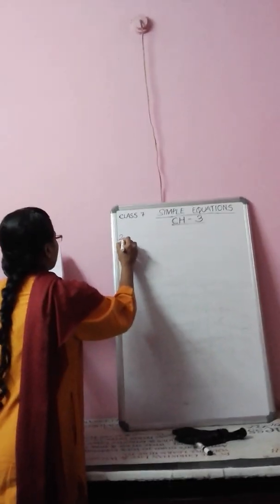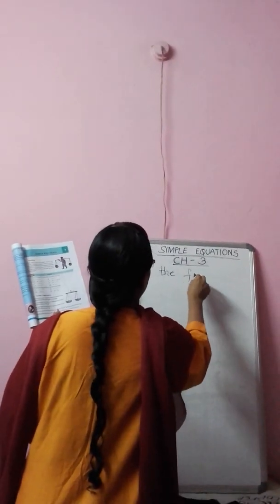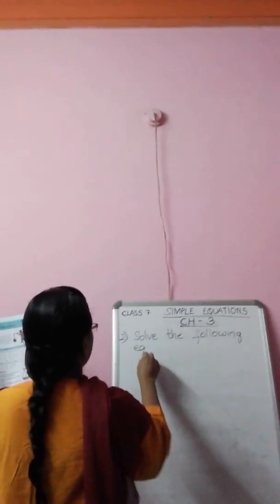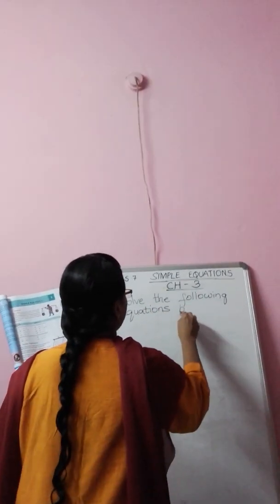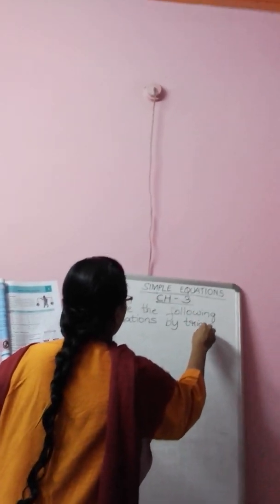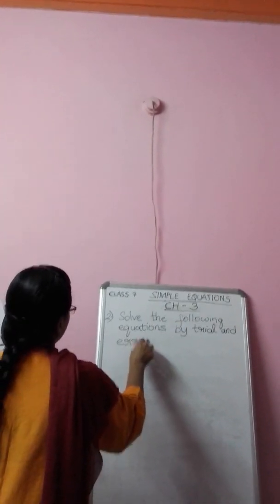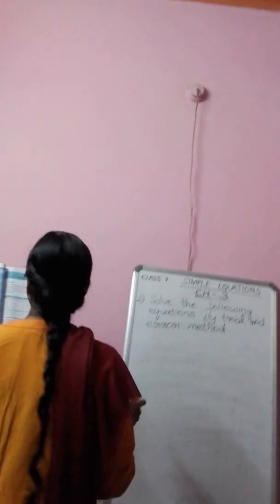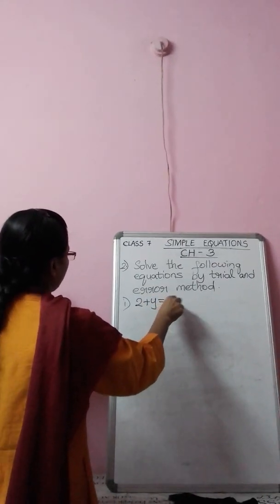Second one, solve the following equations by trial and error method. First bit in this is 2 plus y is equal to 7.